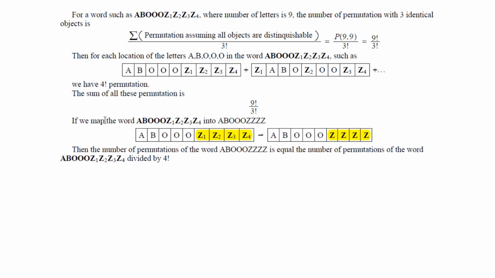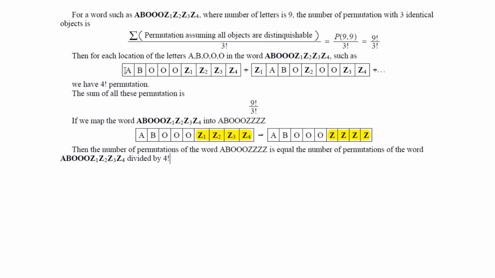Now if we map this word which contains 4 different Z's into a word which contains 4 similar Z's, the number of permutations of the word with similar Z's is equal to the number of permutations of the word with different Z's divided by 4 factorial, as we did before exactly. Why?